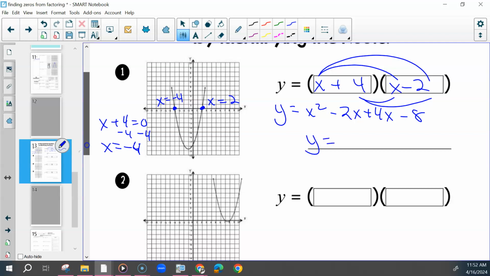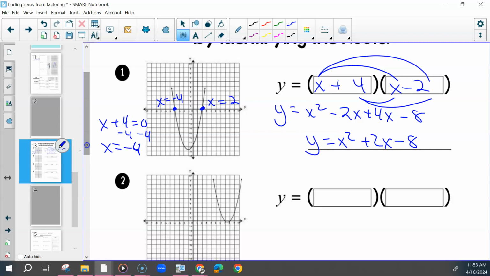Combine like terms, what would that give us? x squared plus 2x minus 8. And if I graph this on top of the factors, it should overlap. And that's how you know it would be the same. Questions on that before we do one more?